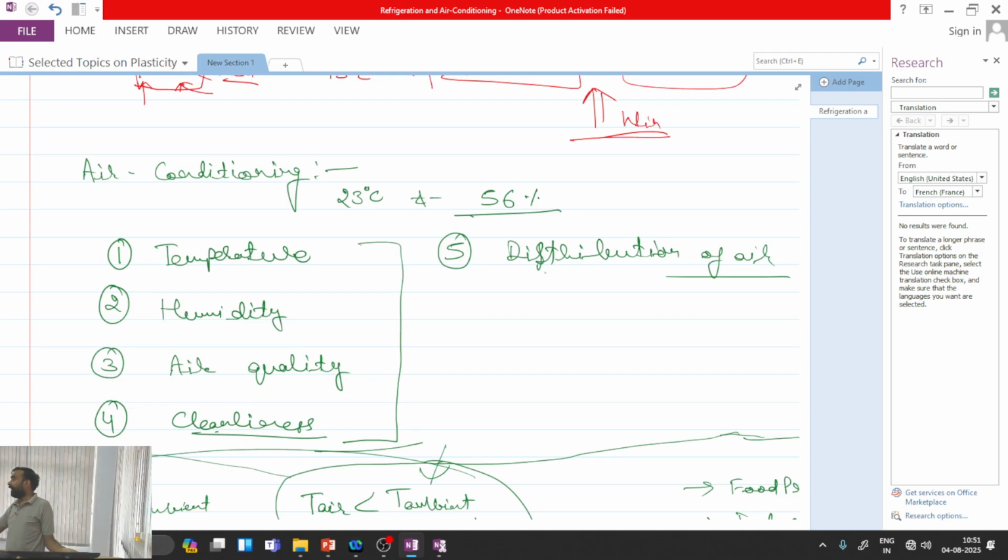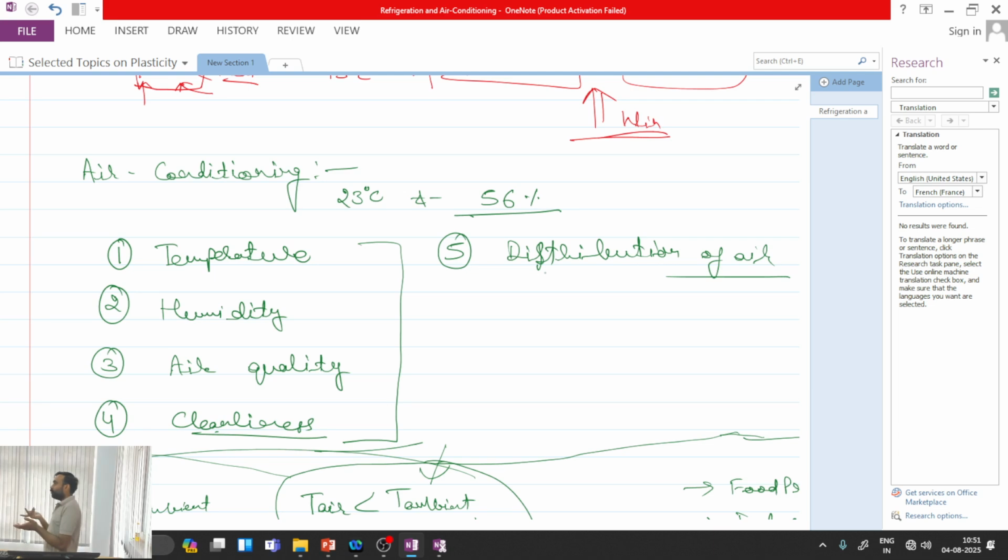So if you have to place the air distribution duct for a heating unit, it has to be placed somewhere at the bottom, so that hot air is supplied at the bottom, and because of density, it will try to move in the upward direction. During that process, it transfers heat and becomes cold. Is this point clear? So distribution of air is very important.